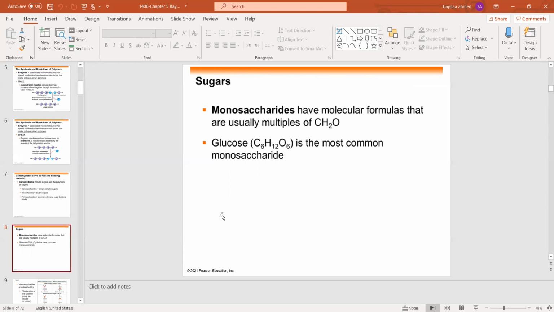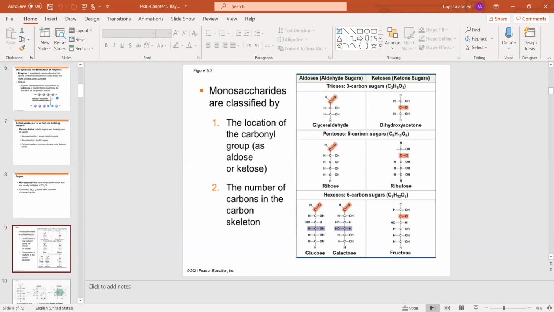Glucose is of central importance in the chemistry of life. In the structure of glucose, we can see the trademarks of monosaccharides. The molecule has a carbonyl and many hydroxyl groups.